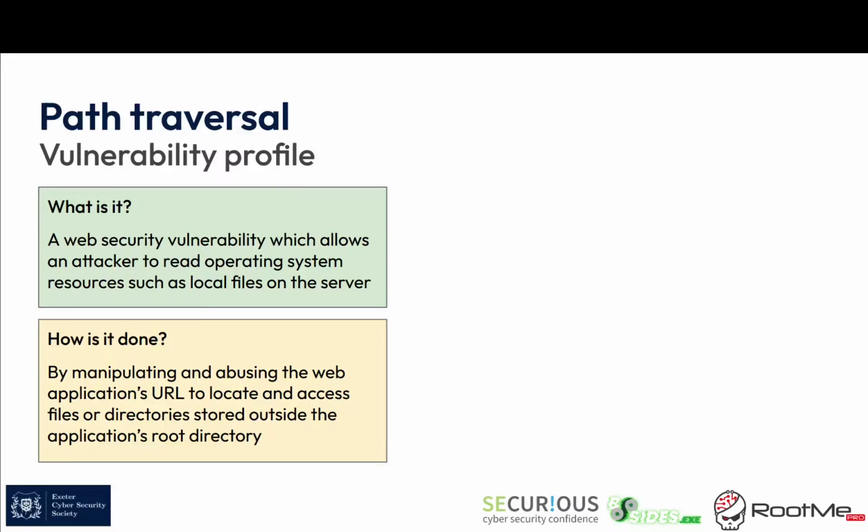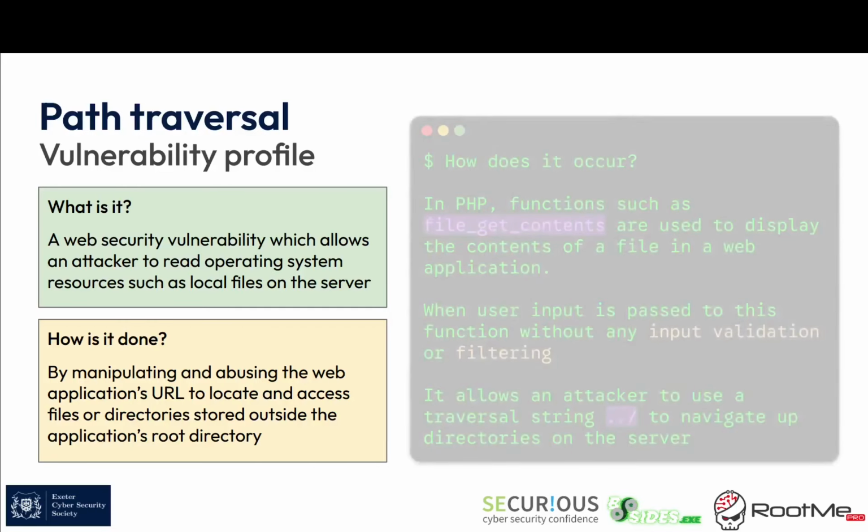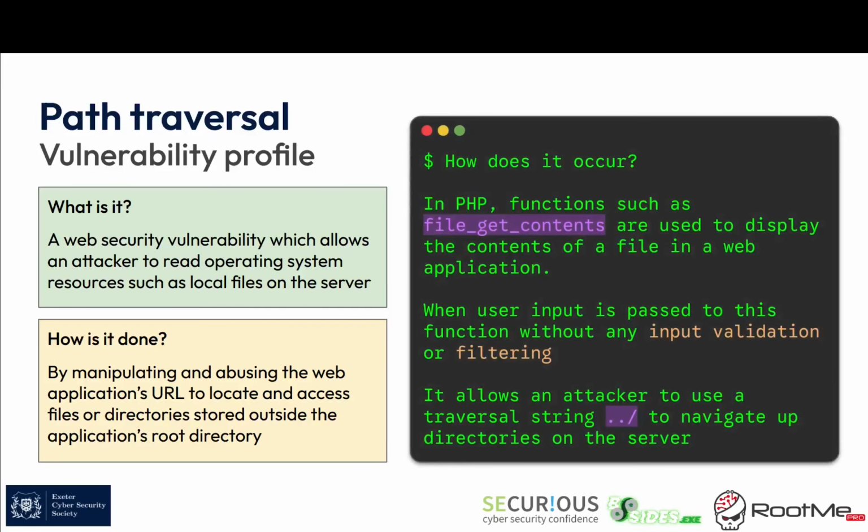And how is it done? It's done by manipulating or abusing the web application's URL to access files or directories stored outside the application's root directory. In PHP, path traversal vulnerabilities occur through functions like file_get_contents. This function is mainly used to display the contents of a file in a web application.